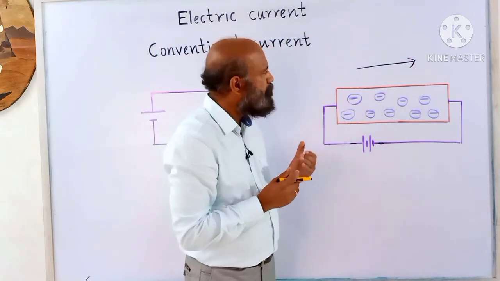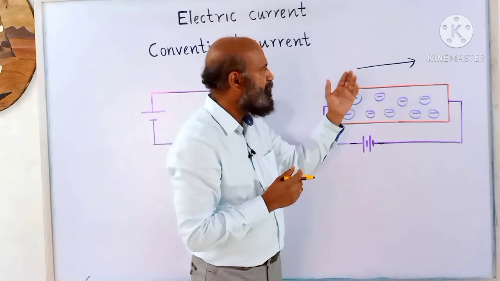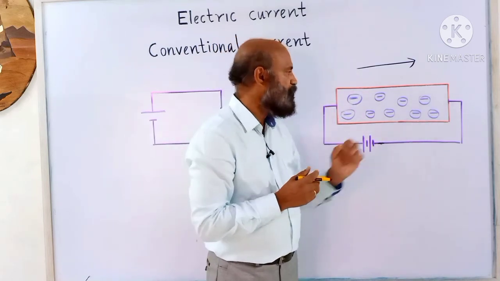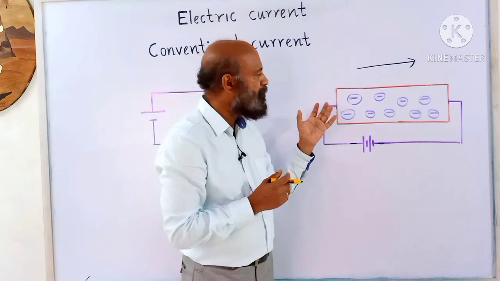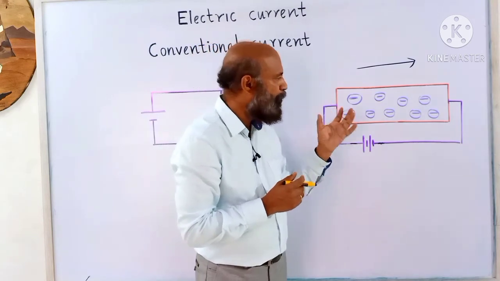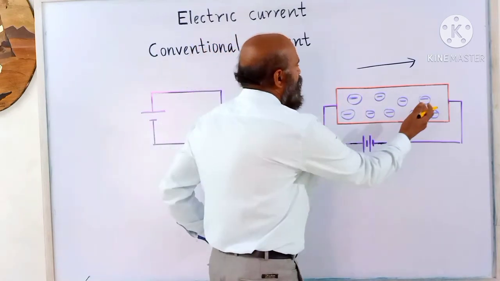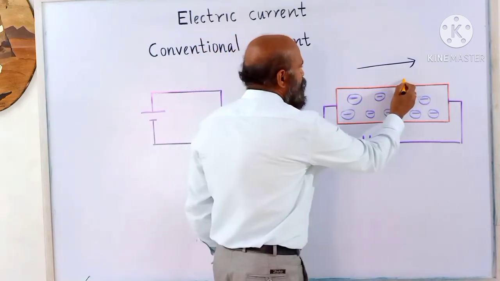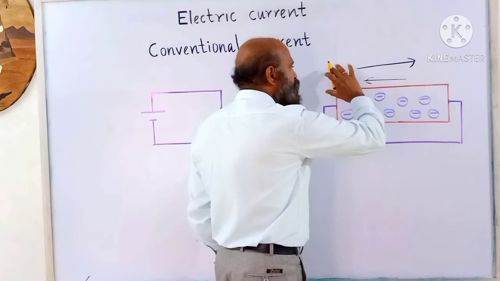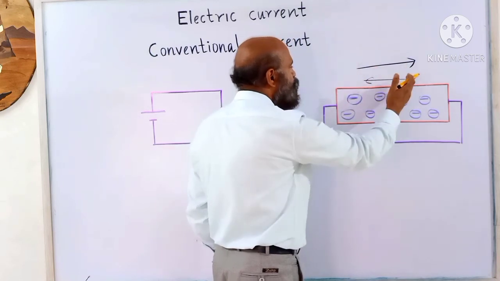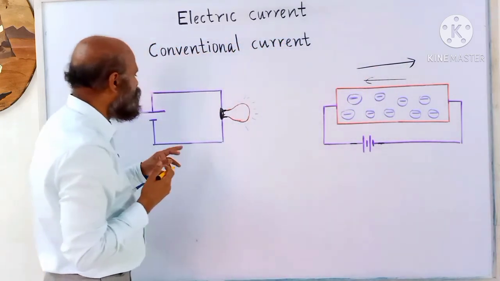They took the direction of the conventional current as the direction of the positive charge. But later it was discovered that actually what is flowing is electrons. Now electrons are flowing along this direction. So the direction of the conventional current is opposite to the flow of electrons. Now you see this circuit.